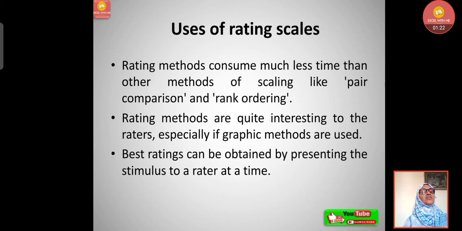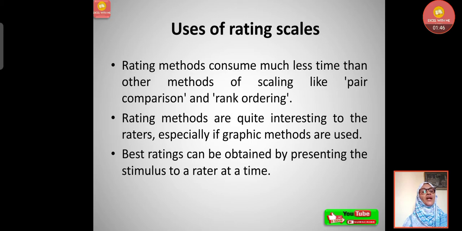Then rating methods are quite interesting to the raters, especially if graphic methods are used. As I explained, graphic methods, graphically they will be given most likely or neutral, not likely, unlikely, like that, easy for the rater to choose.